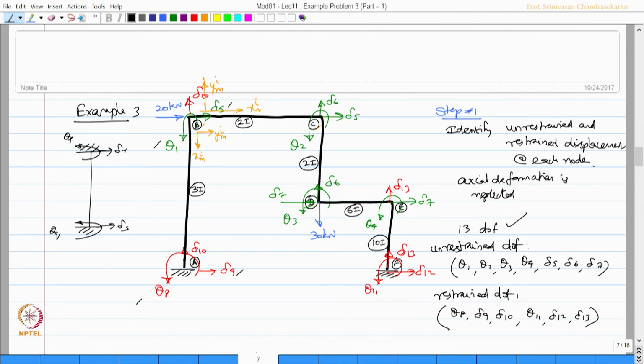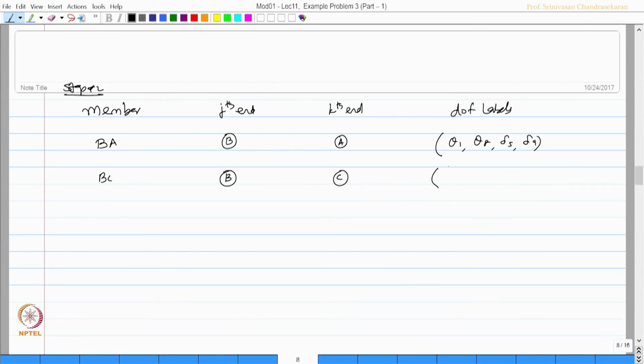So, as you correctly pointed out, rotation left, rotation right, normal displacement left, normal displacement right. So, theta 1, theta 2 and this is delta 10 and this is delta 6. So, that is right. So, let us write down that theta 1, theta 2, delta 10 and delta 6.